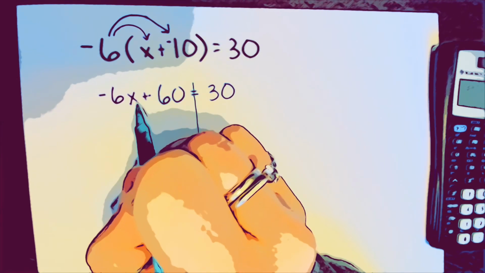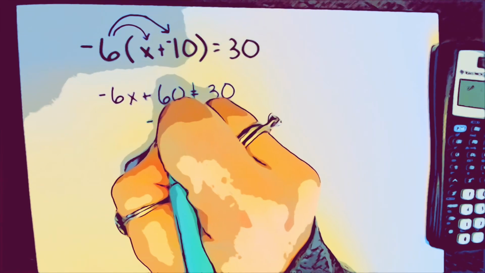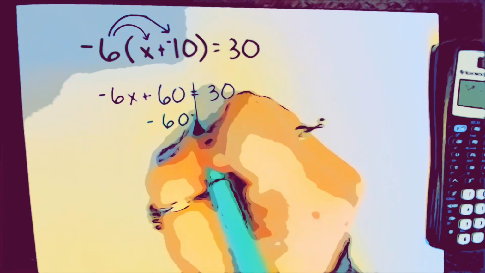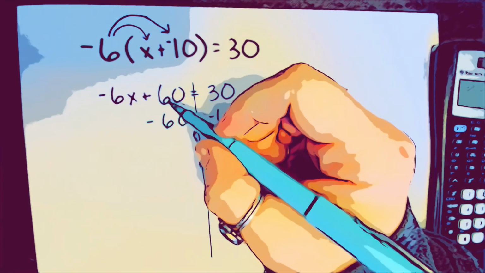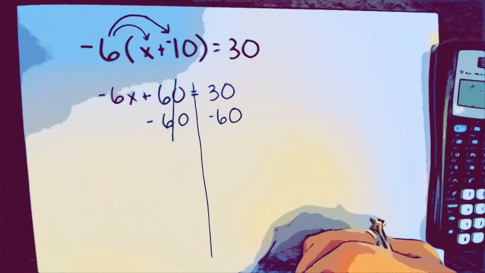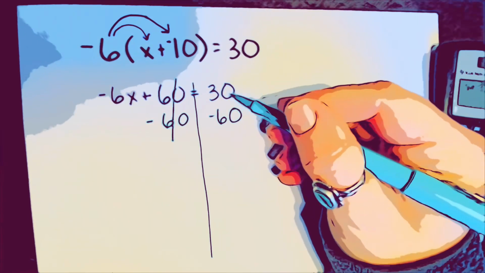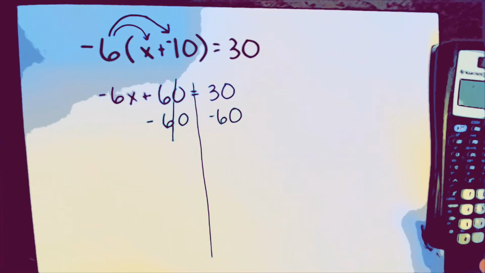So if 60 is being added, then we need to do the opposite. And the opposite of adding is subtracting. So we are going to subtract 60 from both sides. On this side, if I have plus 60 and then I have minus 60, that's going to cancel the 60s out. On this side, I have 30 minus 60. For a lot of us, we're like, yes, I totally know what to do.